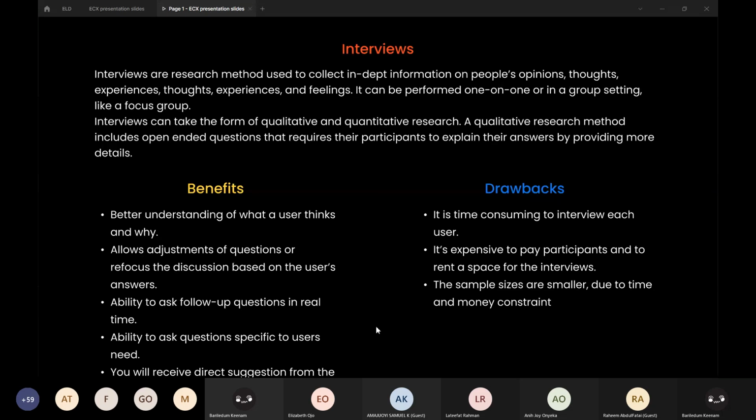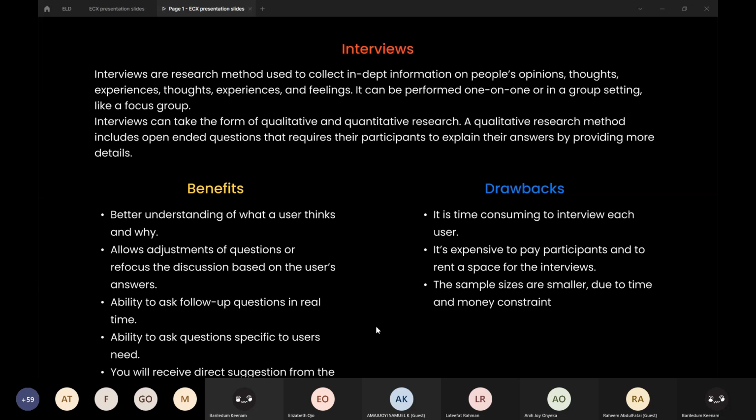Unlike surveys, where you ask general questions for different users, for an interview you consider a particular person or group of people. You also receive direct suggestions from the users. As compared to surveys, when conducting an interview, there is room for direct suggestions from the user.